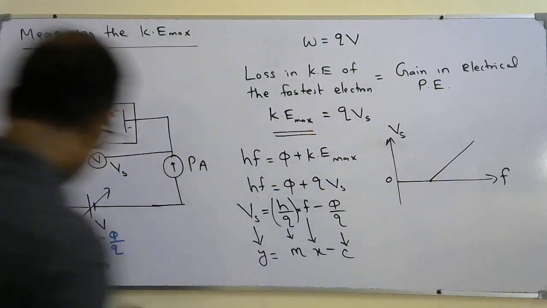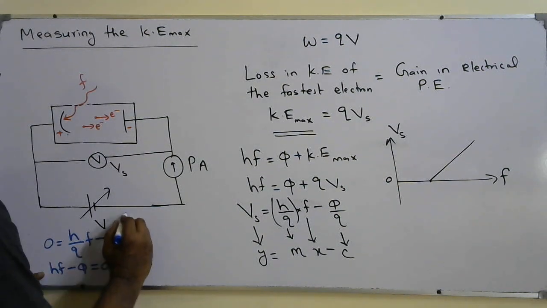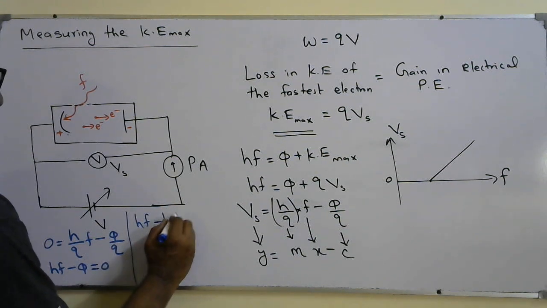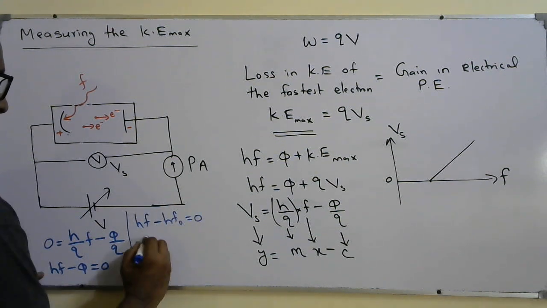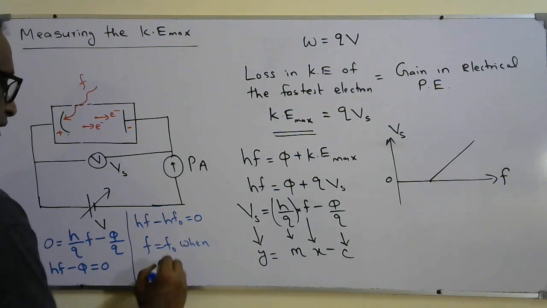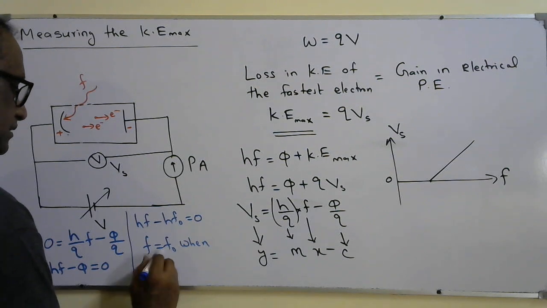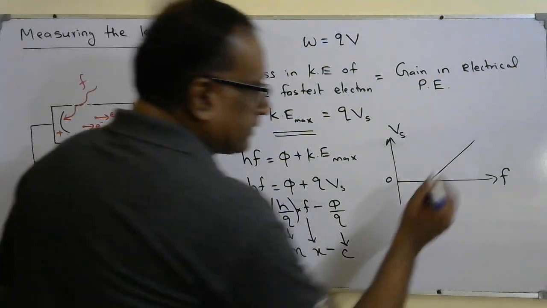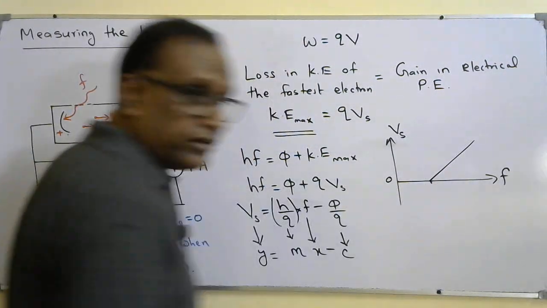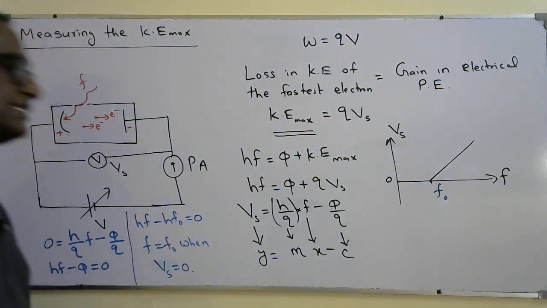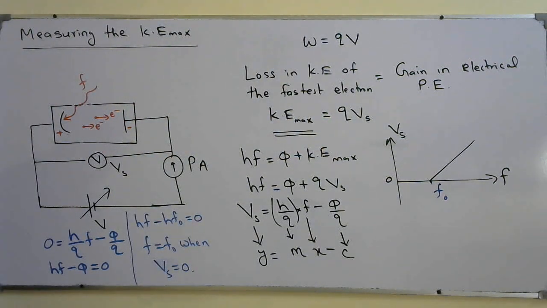So I can write hf minus hf naught equals 0. So f equals f naught when Vs equals 0. Very important conclusion. That means where the graph cuts the frequency axis gives the threshold frequency. Remember that where it cuts the x-axis gives the threshold frequency.